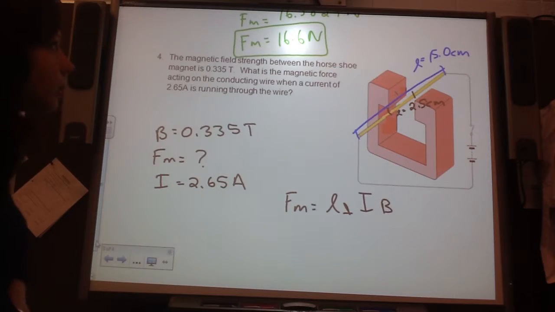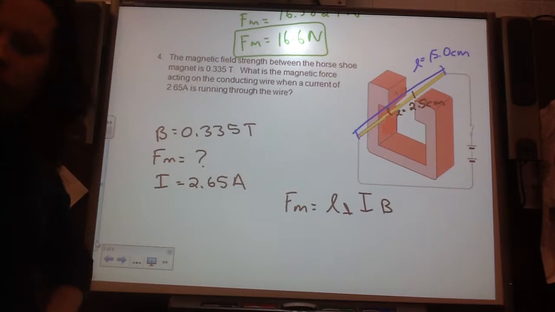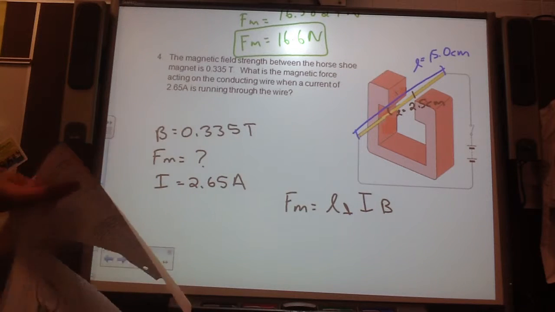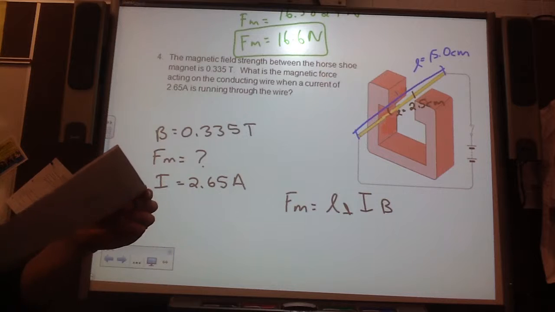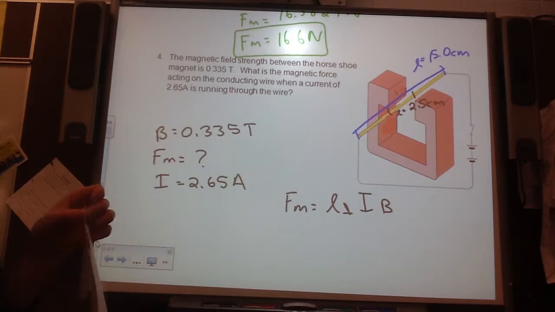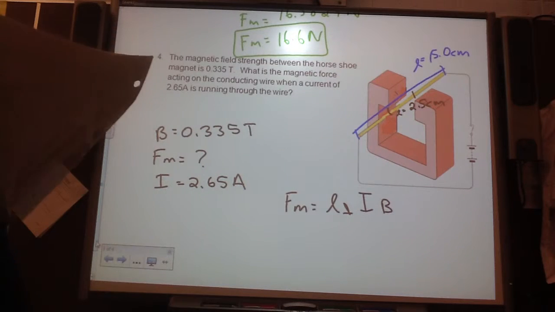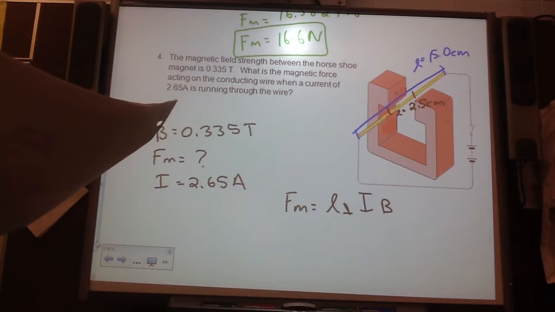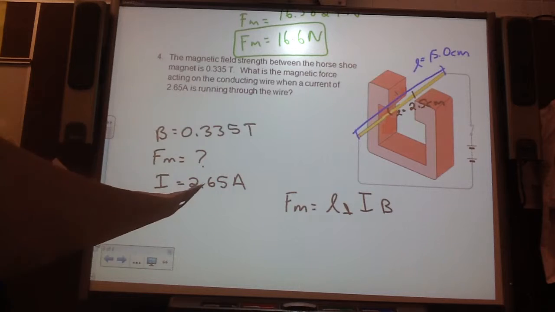15. Why? It's all the way. Okay, the current's going through the whole thing. Let's go back to our definition. Can't you only use 2.5 since it's the only part that's perpendicular? Yes, we can only use 2.5 because it's the only point that's perpendicular. So if we read our definition here, L is the length of the conducting wire in and perpendicular to the magnetic field.